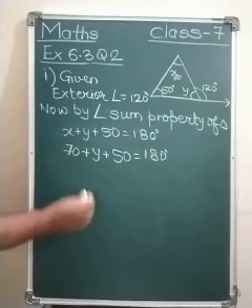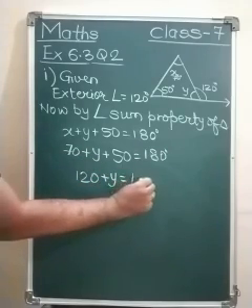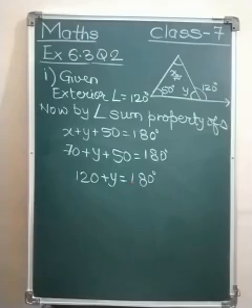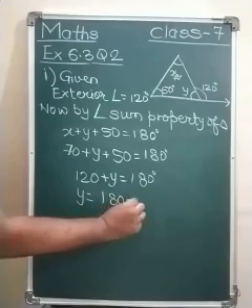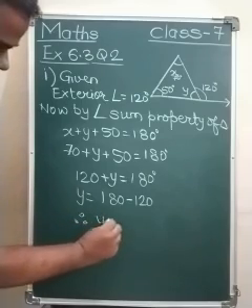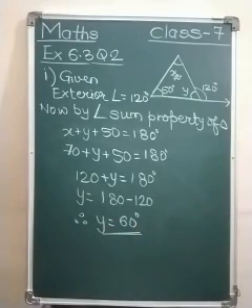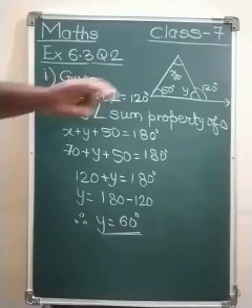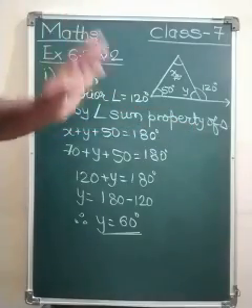Now 70 plus 50 is 120, plus y equals 180 degrees. y equals 180 minus 120. Therefore, y equals 60 degrees. And done. So x comes to 70 degrees, y comes to 60 degrees. But here we have applied both the properties, exterior angle property and angle sum property of a triangle.